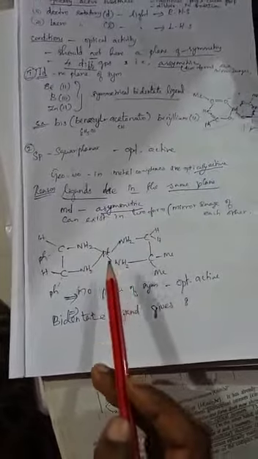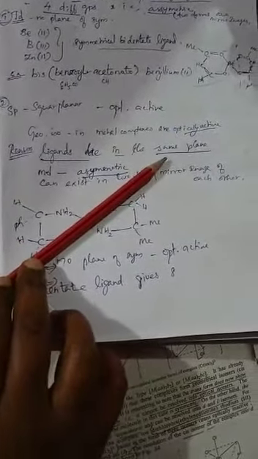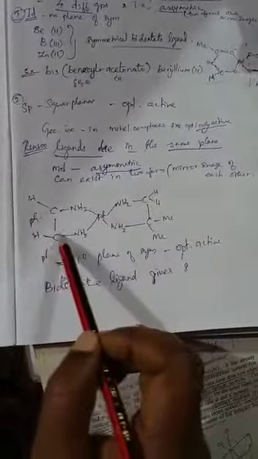See here, if we consider this compound, there is no plane of symmetry. That is, the substance cannot be cut into two equal halves. If you cut through this side, what will happen? Here this carbon has two hydrogens, and in this case one hydrogen and one phenyl group.